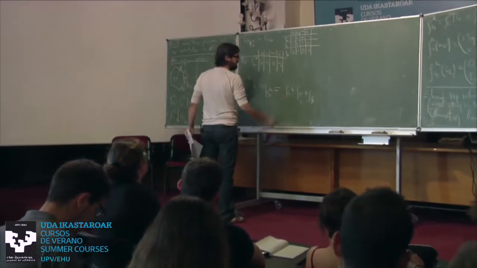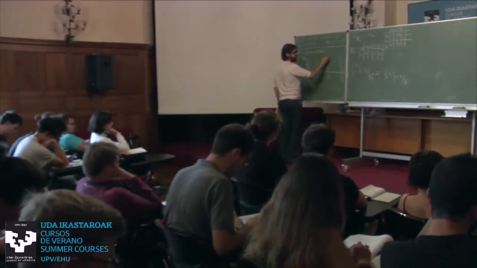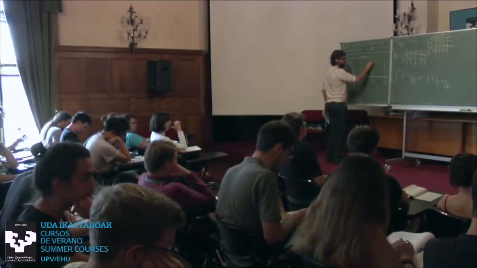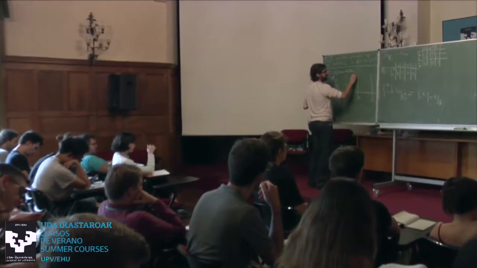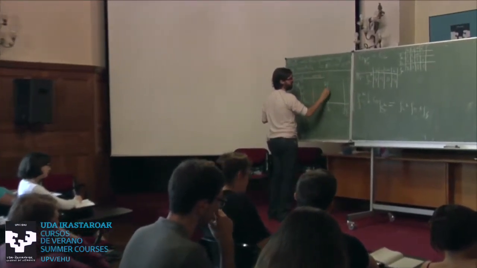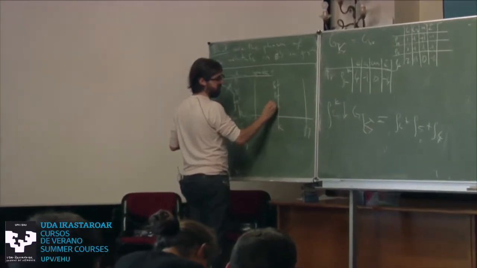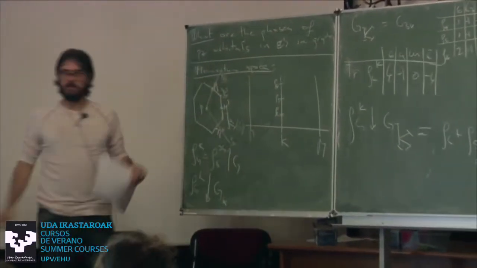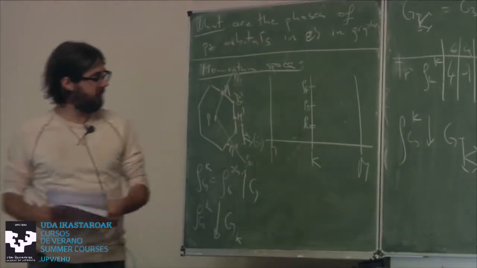The only thing you need to find out is their dimension. Row 4 is one dimensional, and row 5 and row 6 are two dimensional. So that's what this band representation does at this K point.